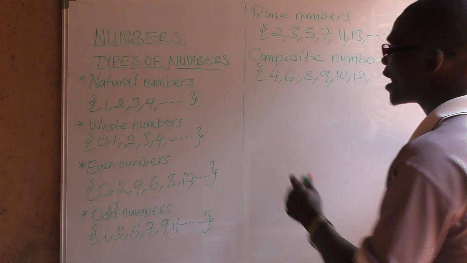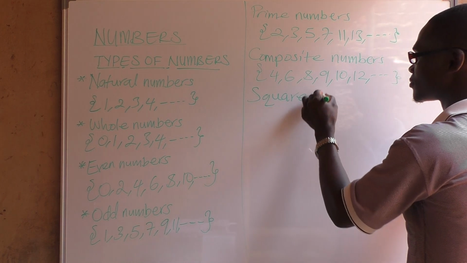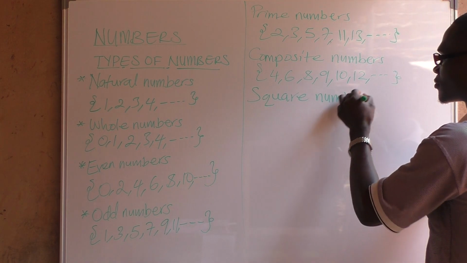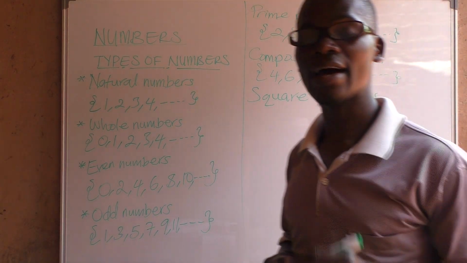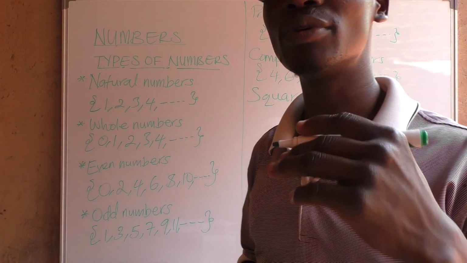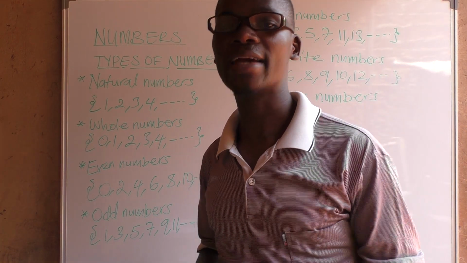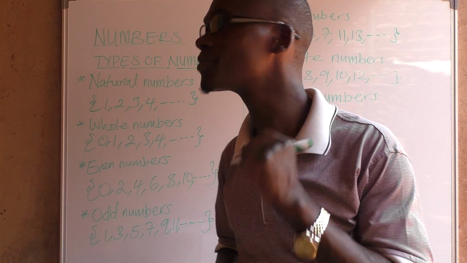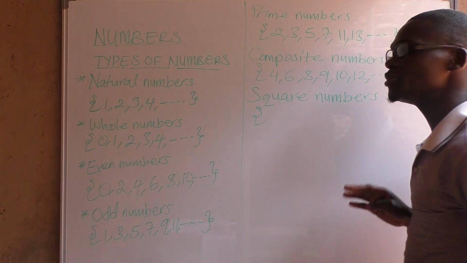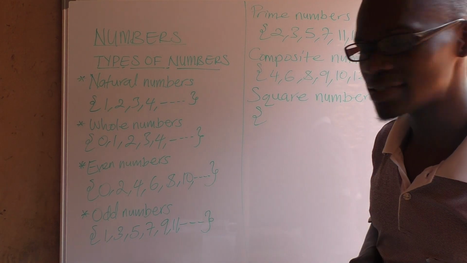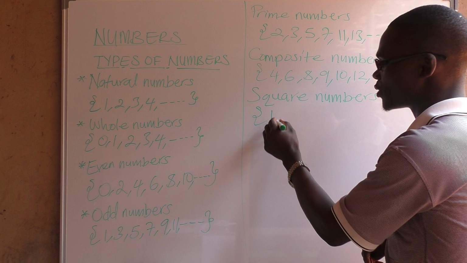Then we also have square numbers. Square numbers are numbers obtained when you multiply a number by itself once. That is to say, if we multiply 1 by itself once, we get 1 times 1, which gives us 1.